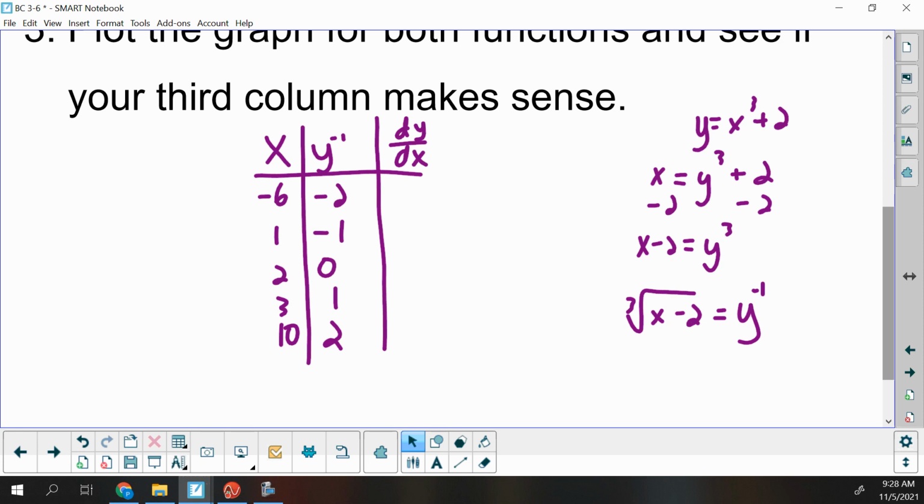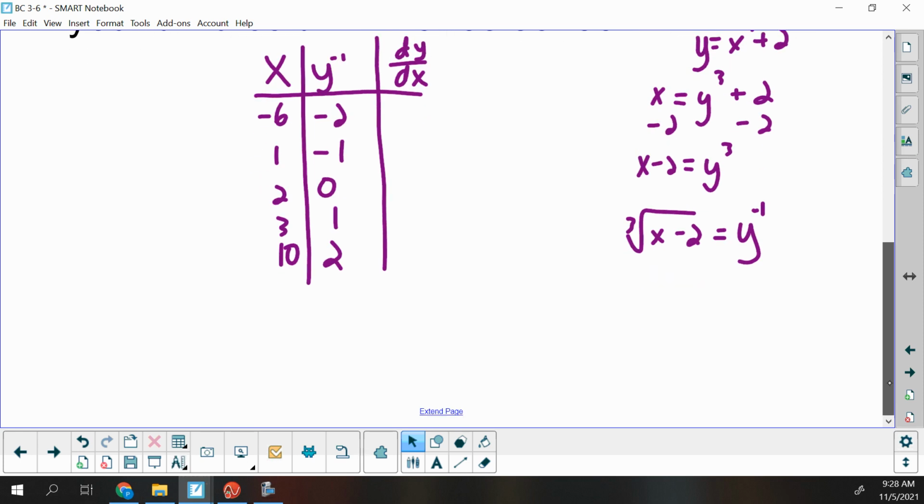So for dy over dx, well, we need to find our derivative. 1/3 would come out front. X minus 2 will now be raised to the -2/3 times the derivative of the inside, which is just 1.